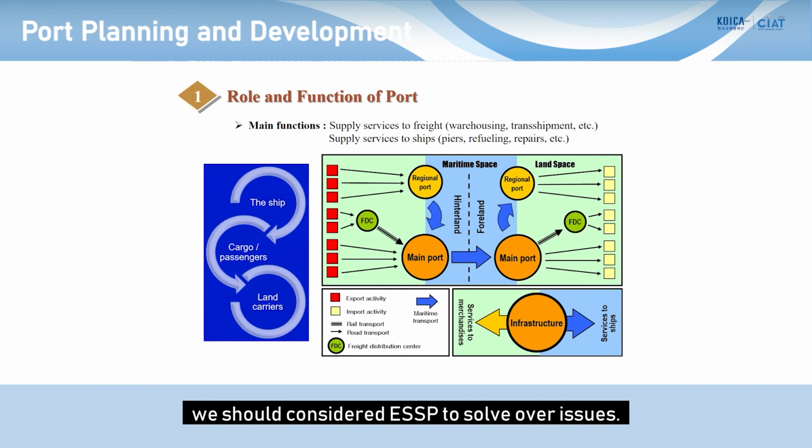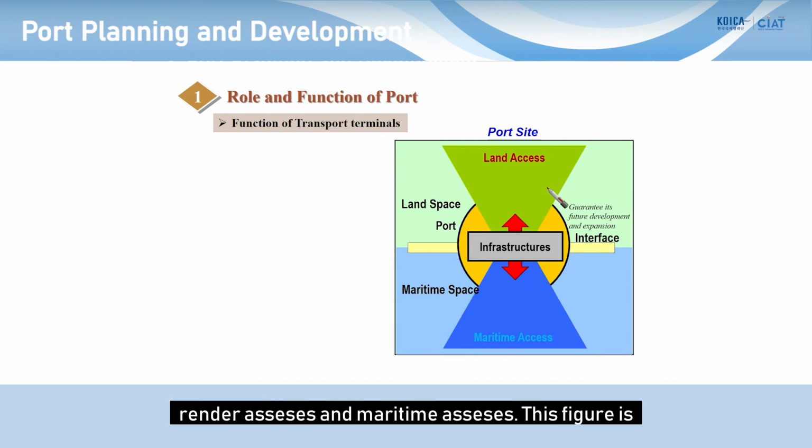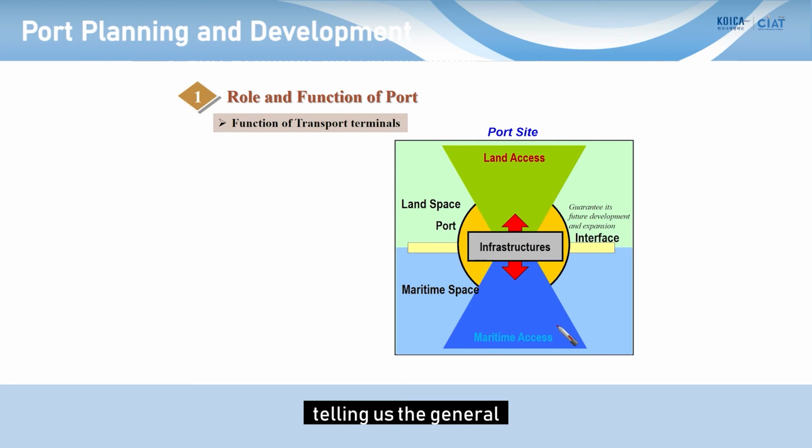But still we should consider ESSD, sustainability issues here. The function of a transport terminal is to support land access and maritime access. This figure is telling us the general drawing of transportation through a port.